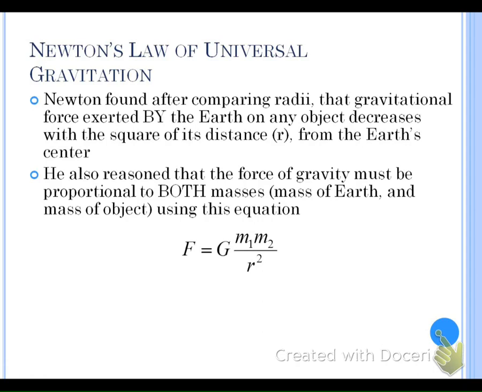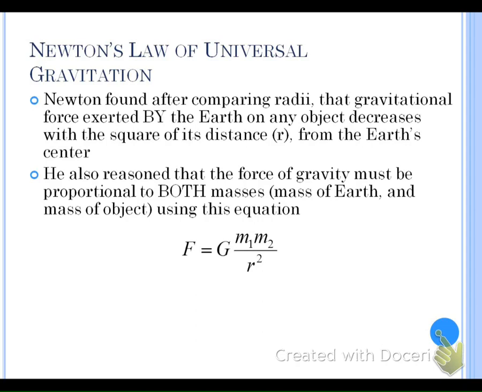He also told us that the gravitational force exerted on objects depends on the mass of both of those objects. Especially when we're talking about things on Earth, we have to take into account the mass of the Earth, which is ginormous as compared to almost any other object.